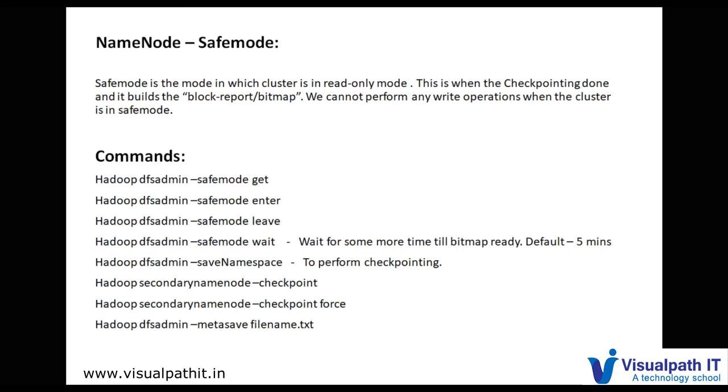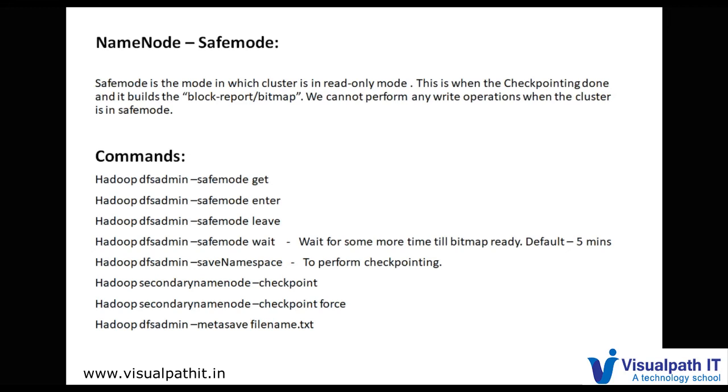hadoop dfsadmin -safemode get to get the safe mode status, and hadoop dfsadmin -safemode enter to enter the safe mode. hadoop dfsadmin -safemode leave to leave the safe mode. hadoop dfsadmin -safemode wait, if you want to wait in safe mode for some more time, but the default time is 5 minutes.